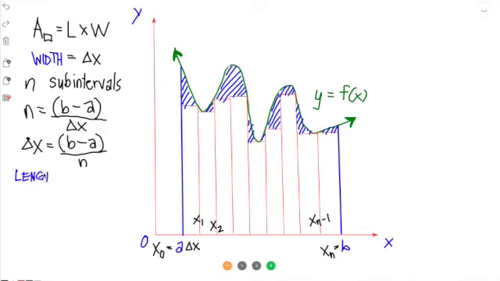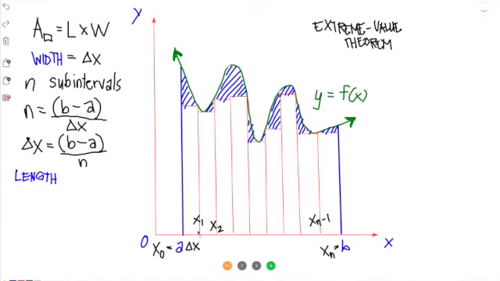Now for the length, for these subintervals, we have what we call the extreme value theorem. It says that for each of these subintervals, there is an absolute minimum value for our function y.